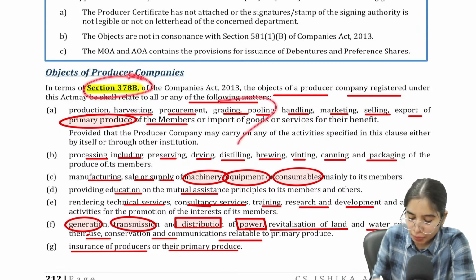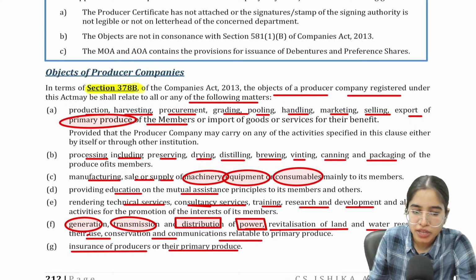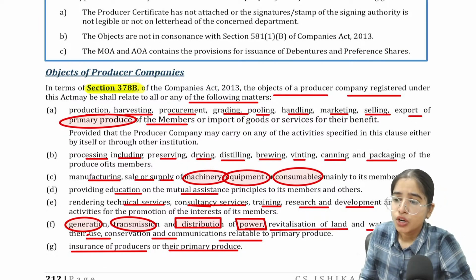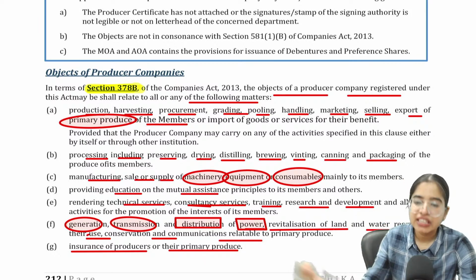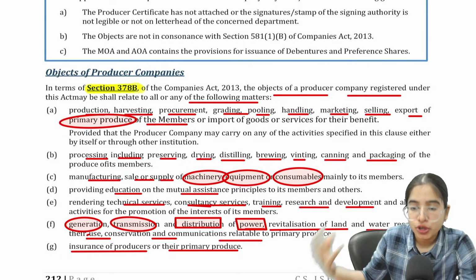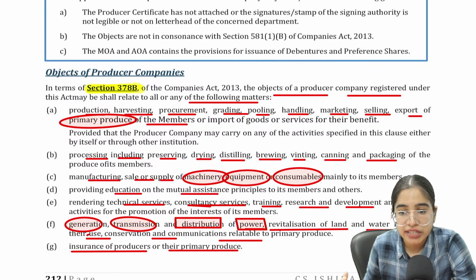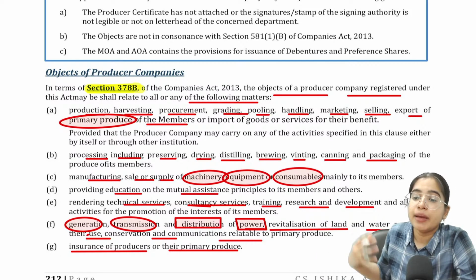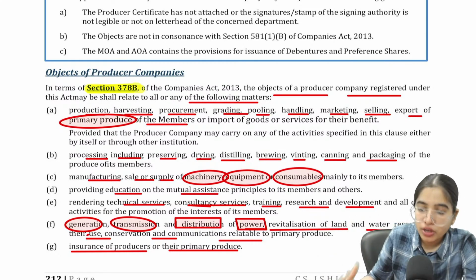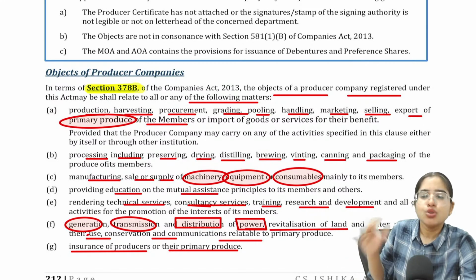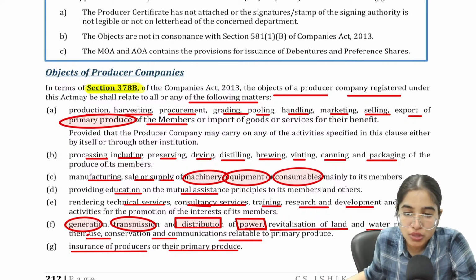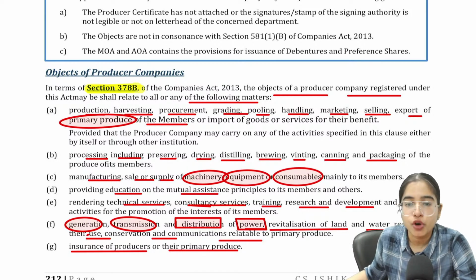I already told you the object, that basically people form producer companies to benefit each other, to benefit the producers in their agriculture activity, in purchasing machinery, in providing them education, providing them training, by selling their product, marketing their product, etc. So all these benefits are given by a producer company to its members, to its producers. That is why this is the object of forming a producer company.